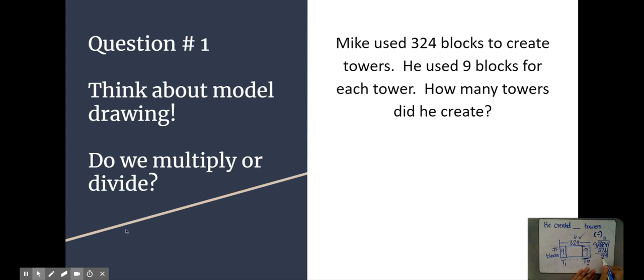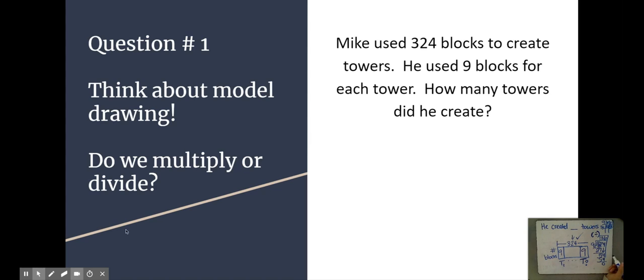How many times does 9 go into 54? Well, if we're doing our tic-tac-toes, we're doing 9, 18, 27, 36, 45, 54. So that's 1, 2, 3, 4, 5, 6 times. 6 times 9, 54. Subtract it. We're left with nothing, so no remainder, but 36.